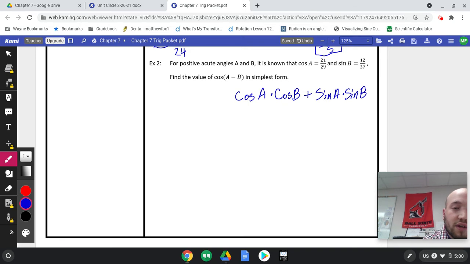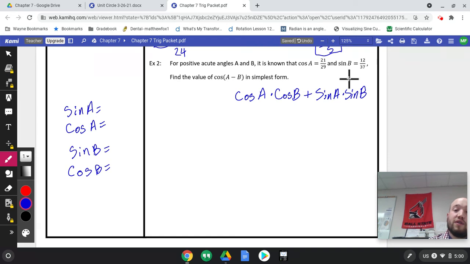So over here, I'm going to write sine of A. What is that? What is cosine of A? What is the sine of B? What is the cosine of B? If I can find those 4 things, then I will be good to solve.